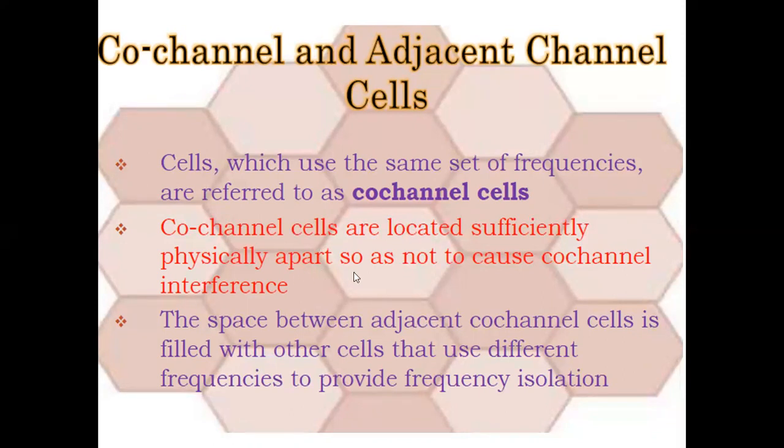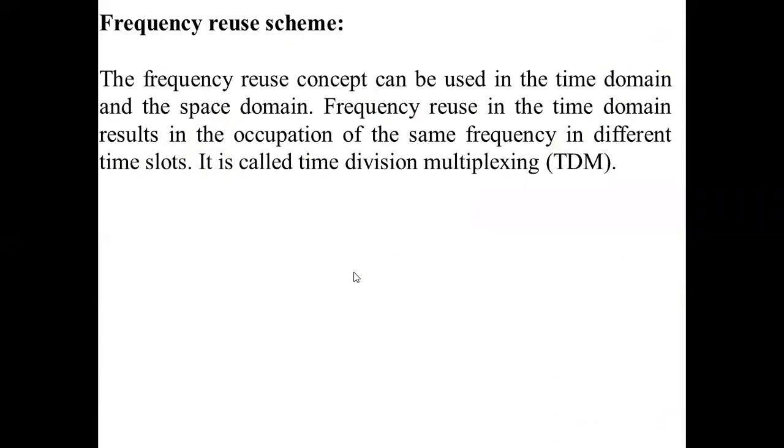So next is your frequency reuse scheme. This frequency reuse concept can be implemented in the time domain and the space domain also. In the time domain, we can use the same frequency with different time slots.